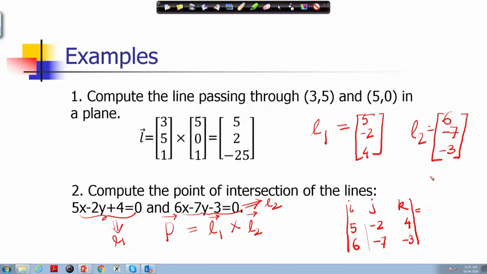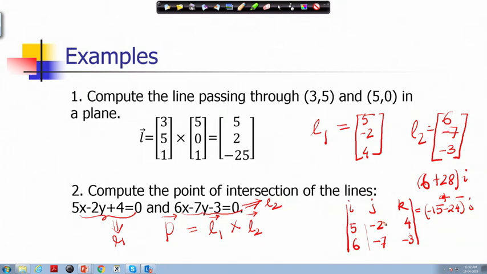I am doing it mentally, 6 plus 28 i, then minus, this middle determinant suppressing the middle column, it is minus 15 and then minus of 24.